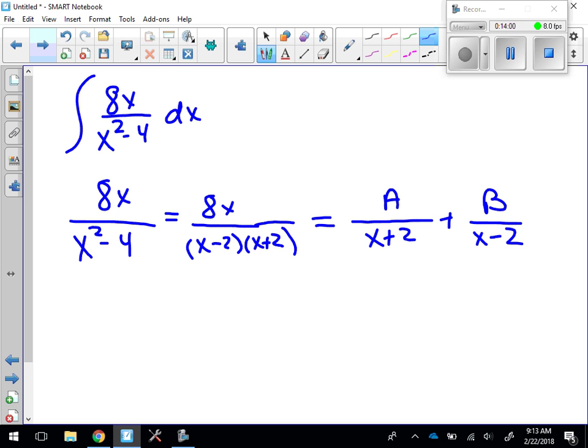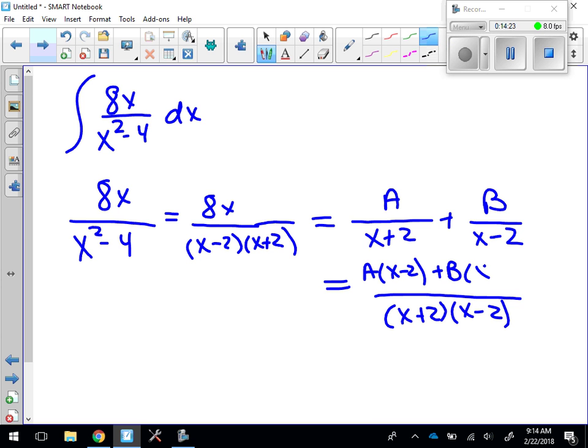Okay. And then what you do, though, in order to figure out what A and B are, is I actually find the common denominator again. Which means I have to multiply A by x minus 2. And I have to multiply B by x plus 2.